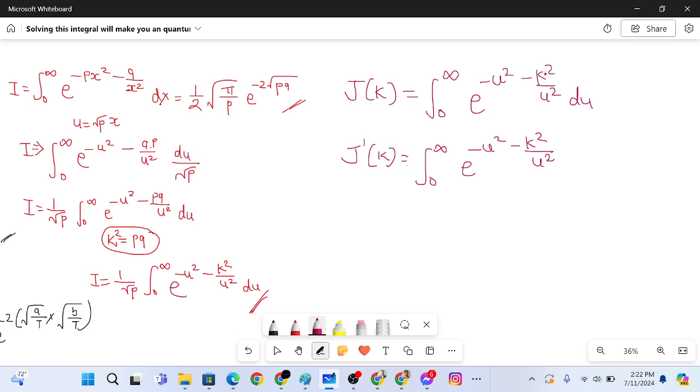This one goes to 0, and this one will become minus 2k by u square. And then du as it is.